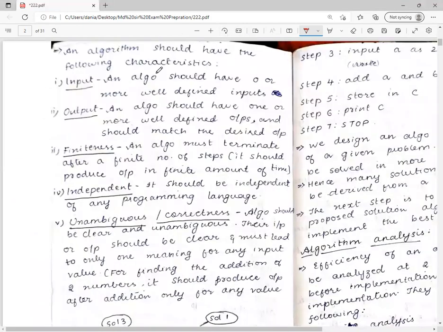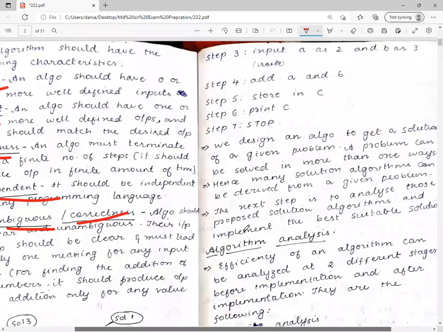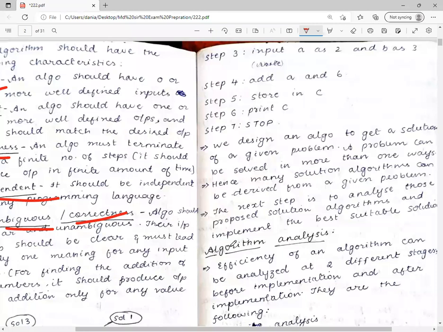An algorithm should have the following characteristics. What are they? Input, output, finiteness, independent, unambiguous. It should also be connected to the problem. It should not be that you are adding two numbers but you put in a plus b plus d into 3, then you will get a wrong answer, because the algorithm is to add two numbers.